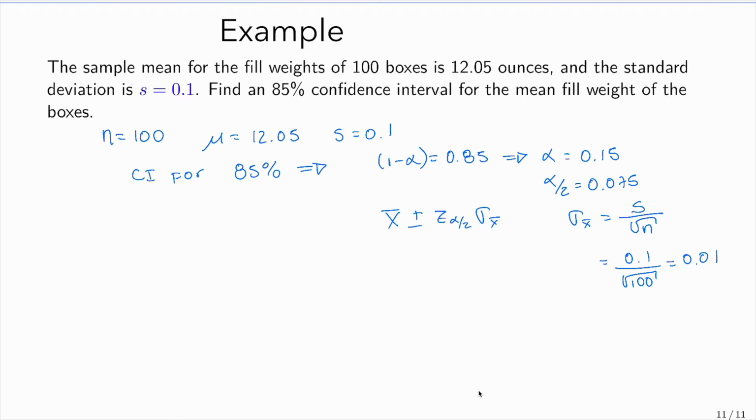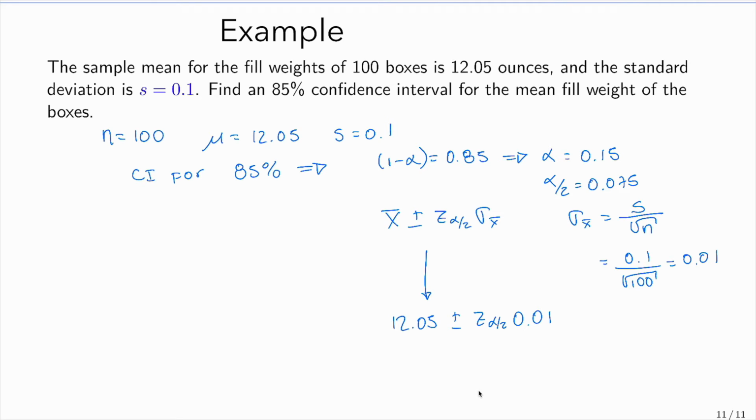So x bar is equal to 12.05 plus or minus z of alpha over 2 multiplied by 0.01. Now we need to find out the value of z of alpha over 2. For that we have to go into the table, and from the table we can get this value corresponding to 0.075.